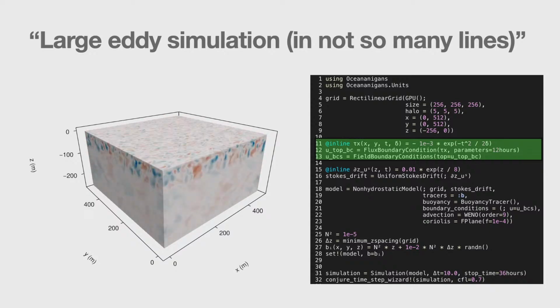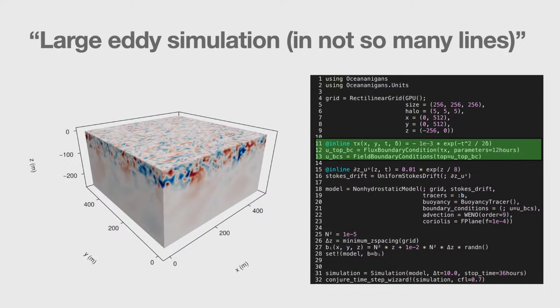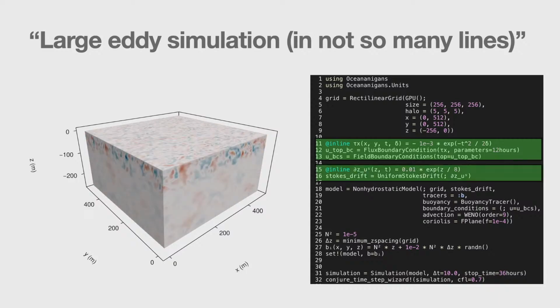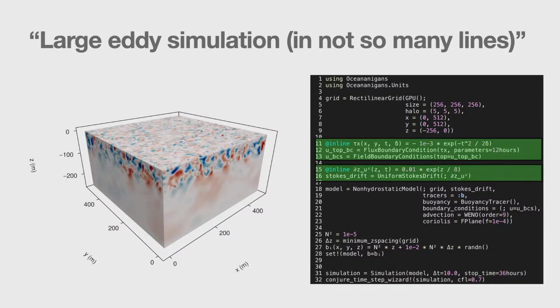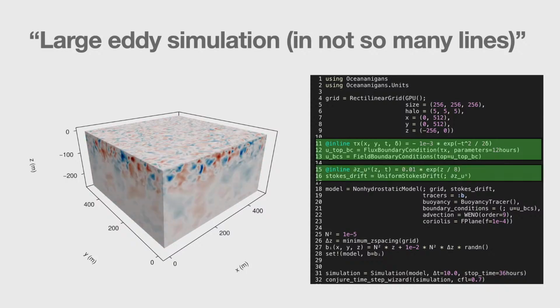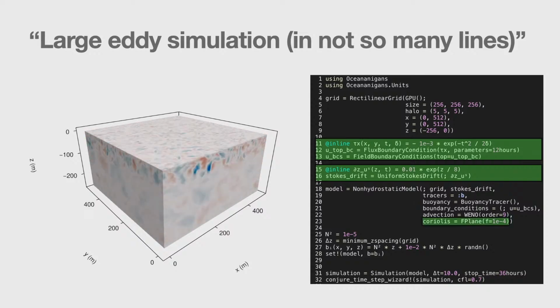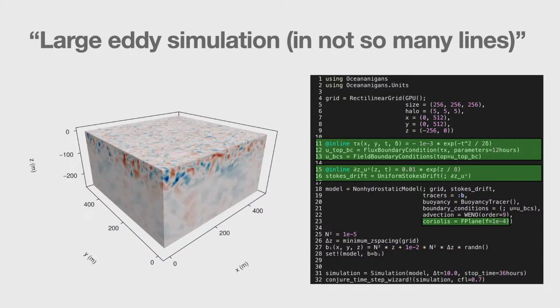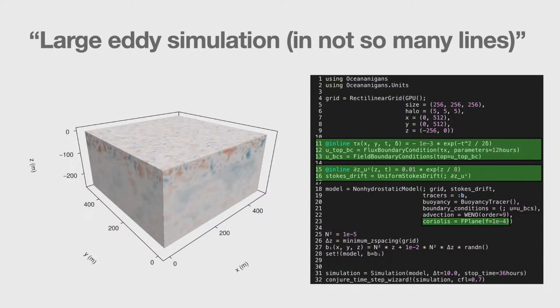Here we're just passing a function of time, so a wind stress that decays in time. We're adding a Stokes drift, so basically some waves that decay with the vertical coordinate. And we're also adding a Coriolis force, which in this case is an f-plane, so it means that the Coriolis parameter is constant throughout the simulation.